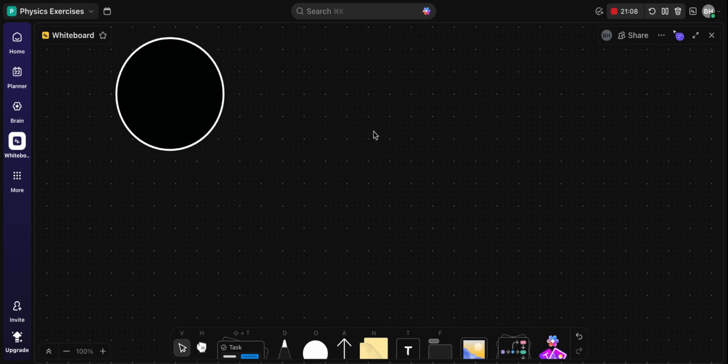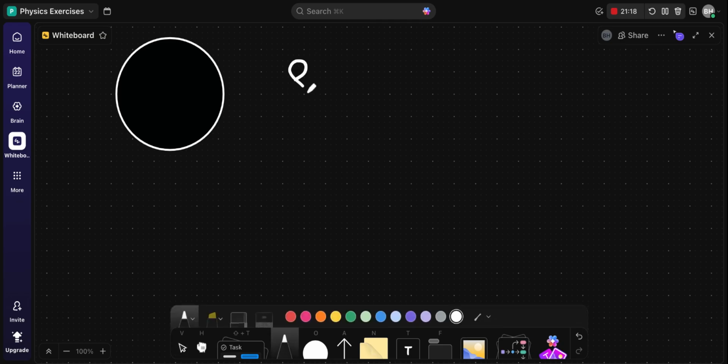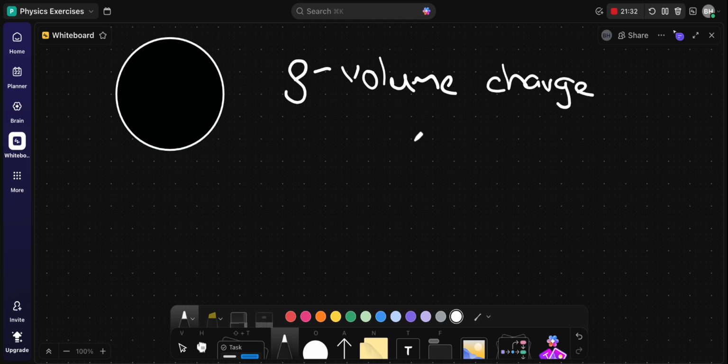So here's our sphere, and what we're going to say is that this sphere has volume charge density rho, just like before.